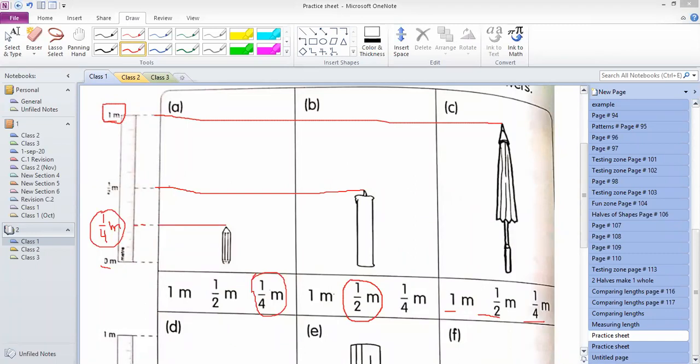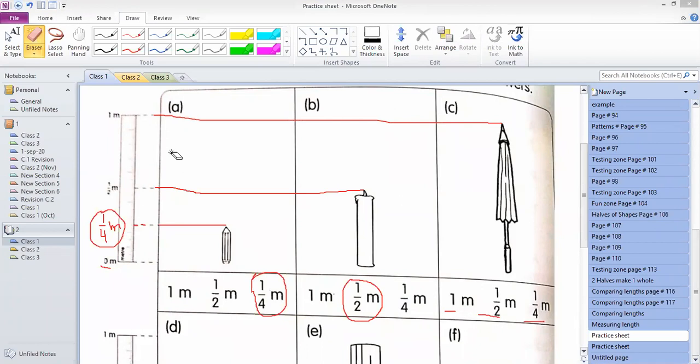Suleiman Tariq, what is the length of this umbrella? 1 meter. That's very good. And Sami Hijazi, what is the length of this umbrella? 4 centimeters.